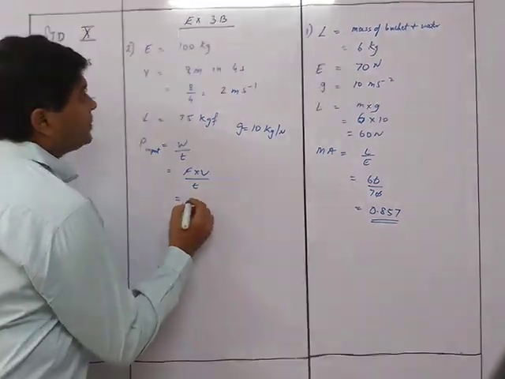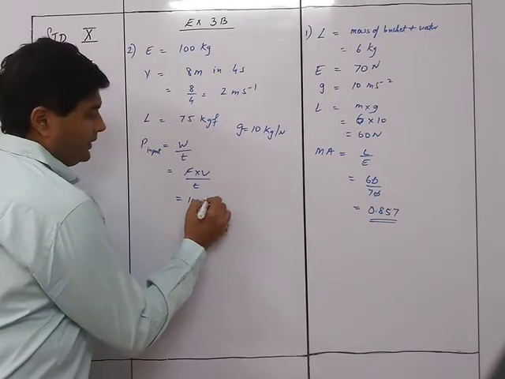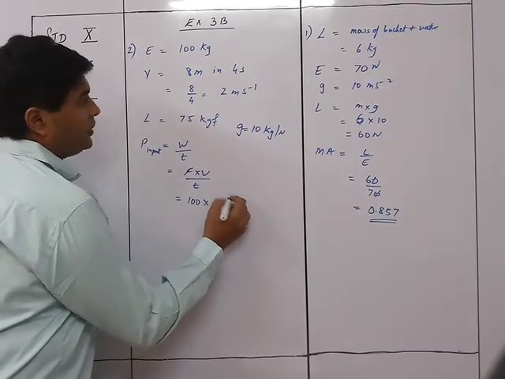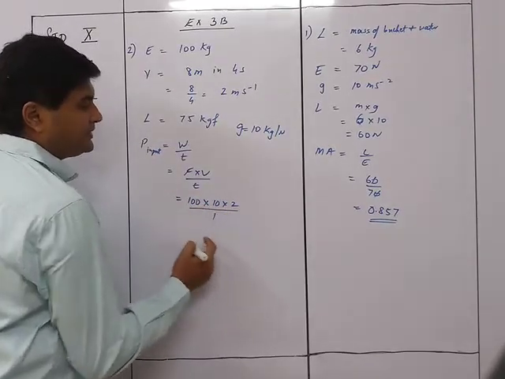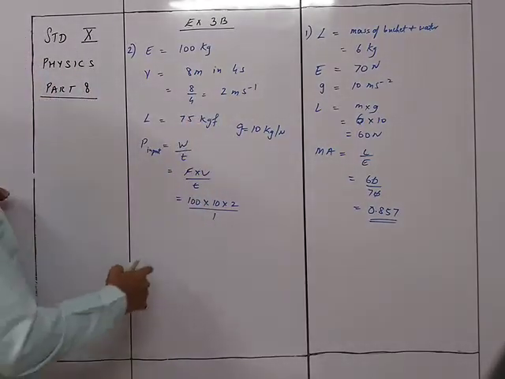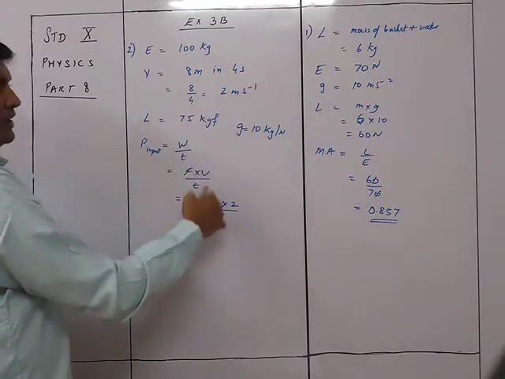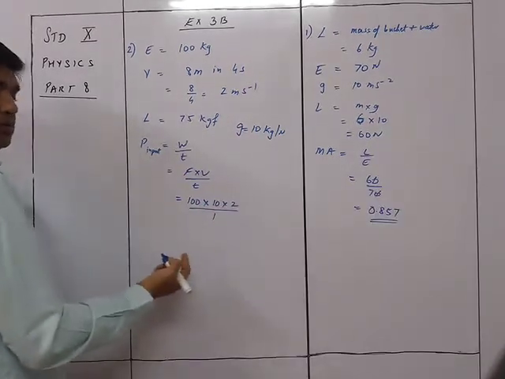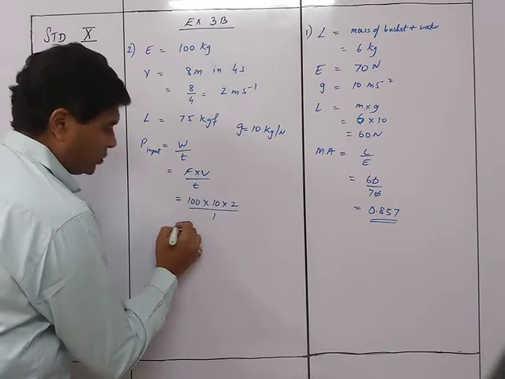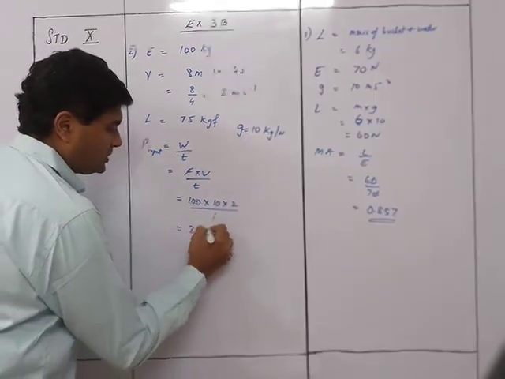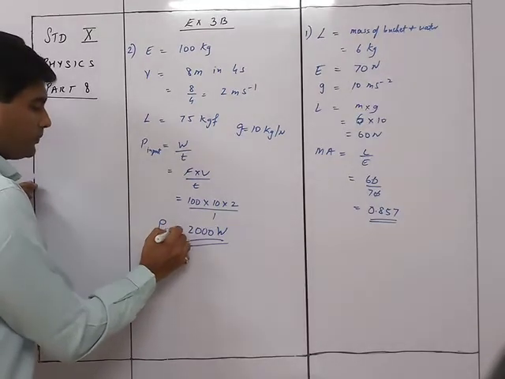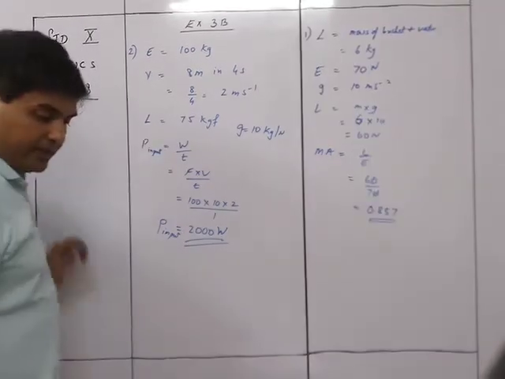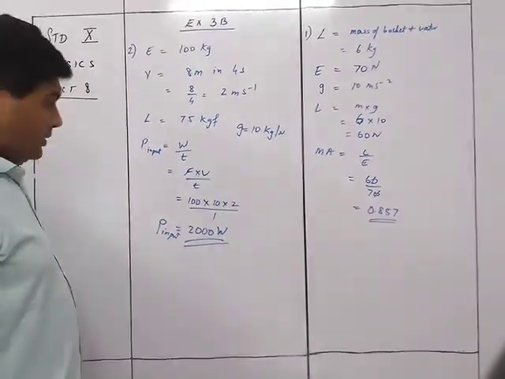So that will be equal to 100 into 10 into velocity, which is 2, upon time, which is going to be 1 second, because we have taken it like this. About 1 second. You could have taken 8 upon 4 over here. They will give the same answer. So accordingly it is 2000 watt. So 2000 watt is the power input. So the power input is 2000 watt.